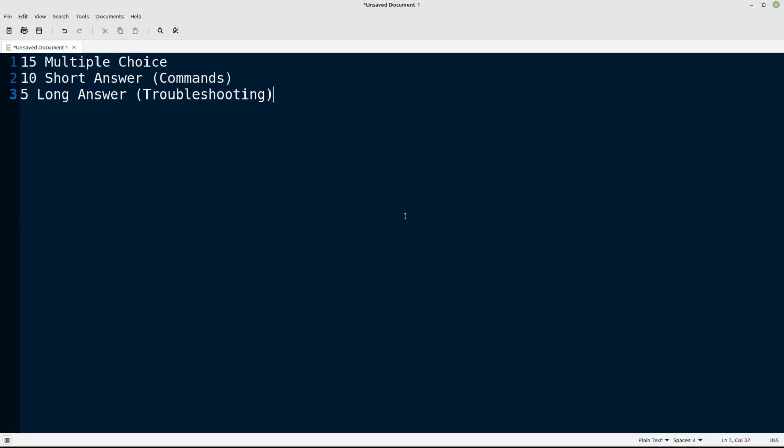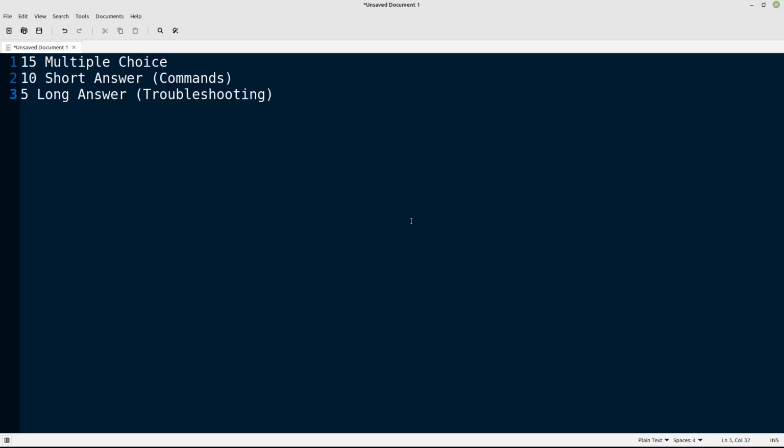And 5 long answer or troubleshooting questions. So these are going to describe a scenario and ask you for steps to resolve the problem. What do you think the problem is, and how would you narrow down the focus and maybe resolve it, right? You don't have to identify the correct problem. It's walking me through the steps on how to figure out what the problem is. That's the important thing here, right?